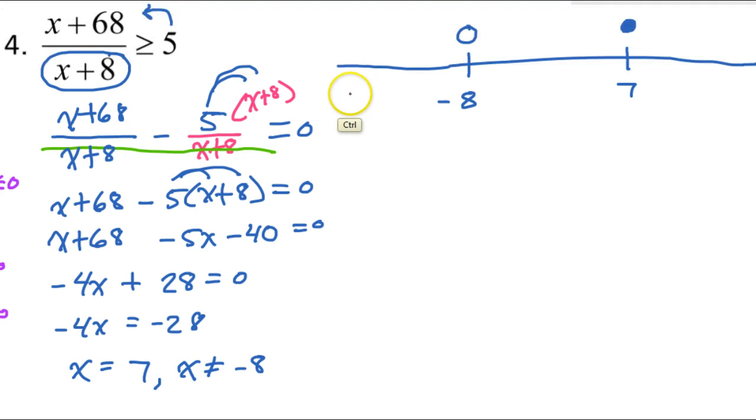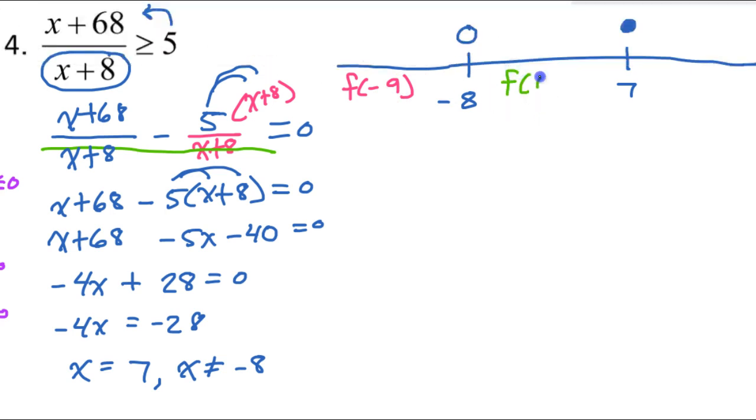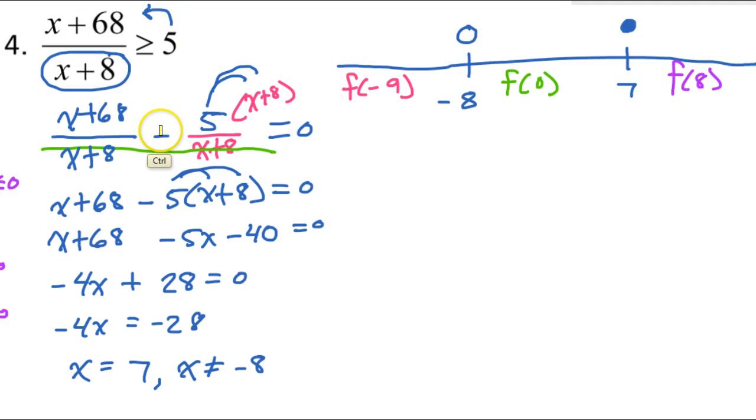So now I need to test each interval. So let's check f at negative 9. And in the middle interval, I will check f at 0. And in the final interval, I will check f at 8. Okay, so let's start with negative 9. As I do this, this is the version that I'm looking at, guys. You know what, I should switch this back to an inequality again, though.